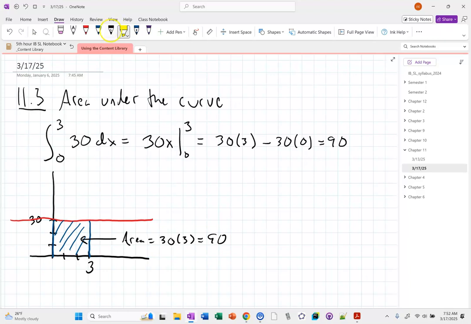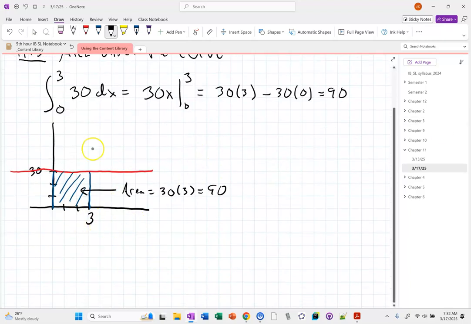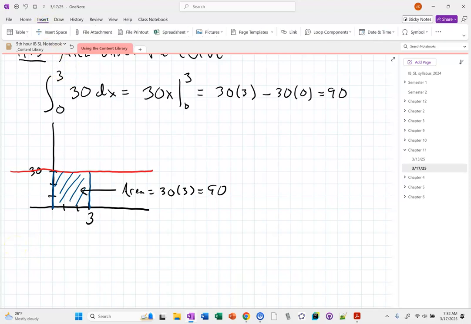So another way we can compute an integral is geometrically. Let's look at a couple of examples where we can do that, even for functions where we don't know how to find the antiderivative.